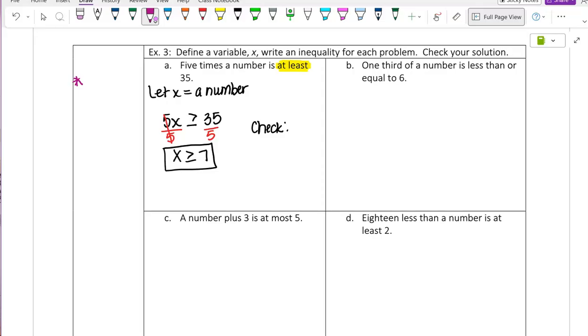So adding a little note here, when doing the check, you can pick any number that satisfies the inequality.